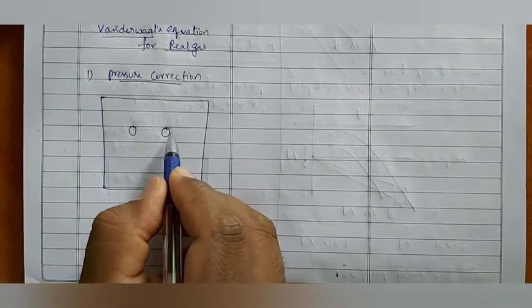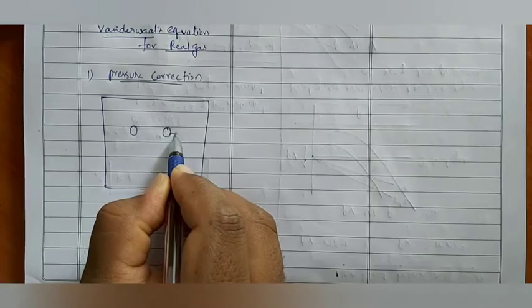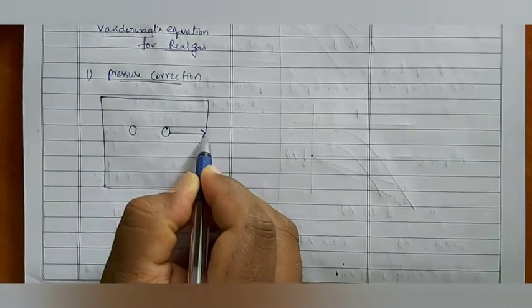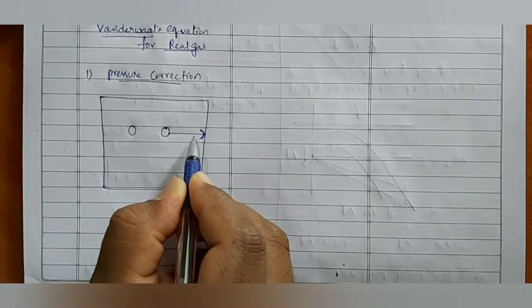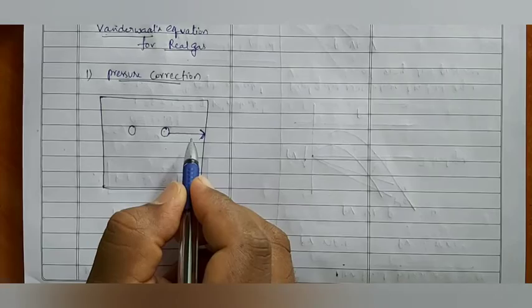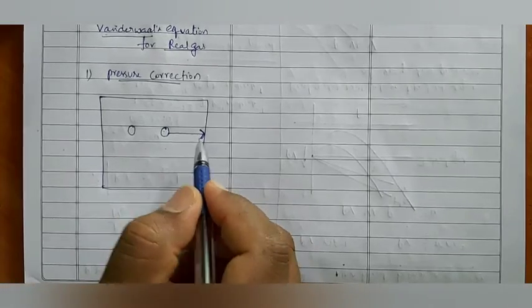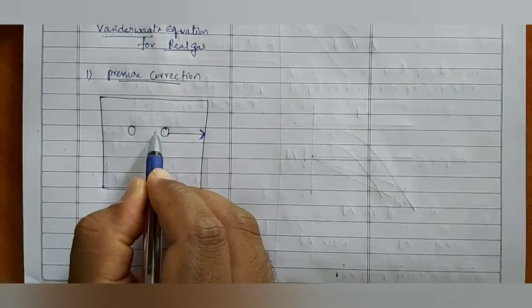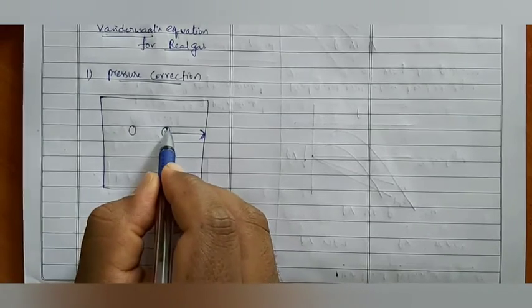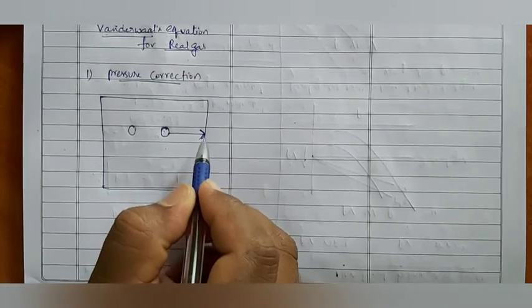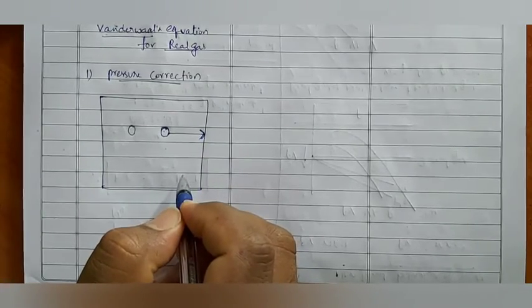So without any attraction, this molecule is going to apply some pressure here. That means it is going to apply force on the walls of the container. By that force, pressure is developed. Without any attraction between the gas molecules, this molecule is going to apply some force on the wall of the container.